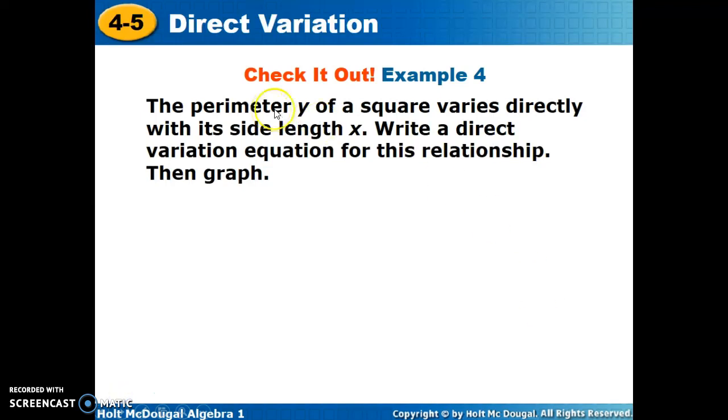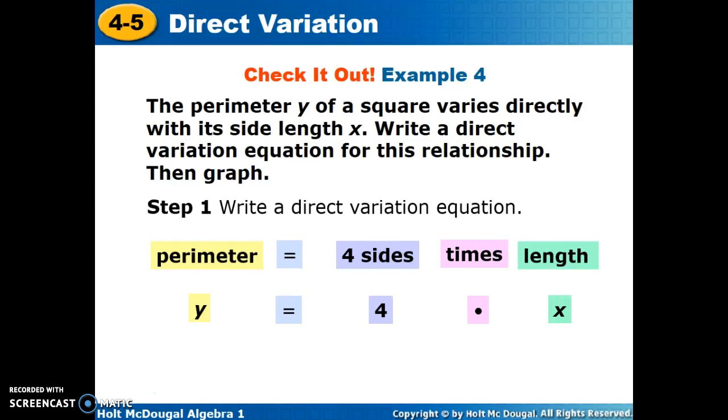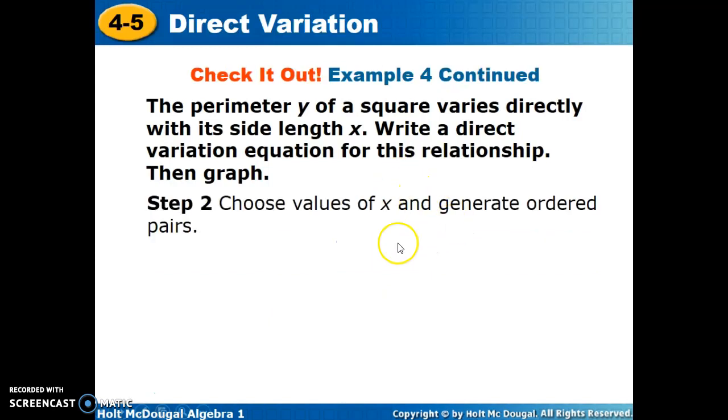So it says the perimeter of a square varies directly with its side length. Square indicates that all sides are the same. So we notice if we take its side length and multiply it by 4, we'll get our perimeter. Perimeter is 4 sides times the length, which is the same every time. So y equals 4x.